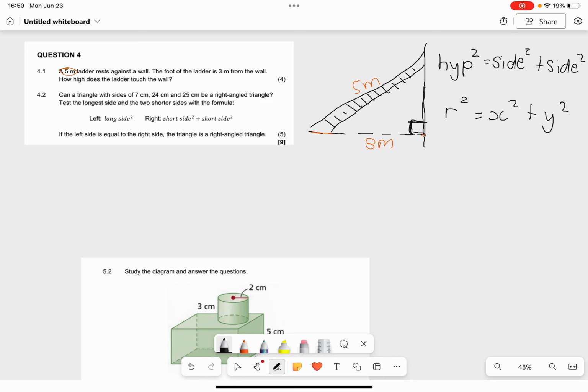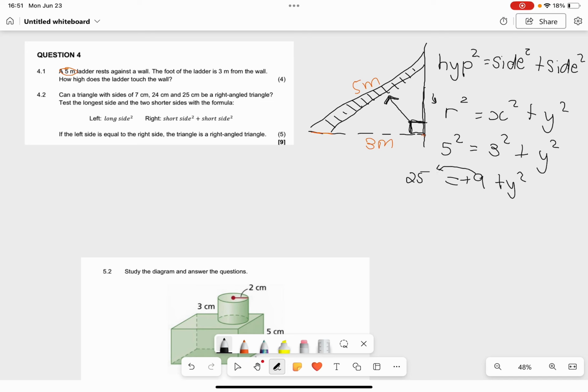The next time you write Pythagoras, I want you to write it like this. What is the hypotenuse? It's the side opposite the right angle. What's the side opposite the right angle here? It's the ladder. So 5 squared is equal to 3 squared, which is one of the sides, plus the other side I don't know, so that remains y squared. Then we can just use normal algebra to solve. 5 squared is 25, equal to 3 squared is 9, plus y squared. Then I can take the 9 over.